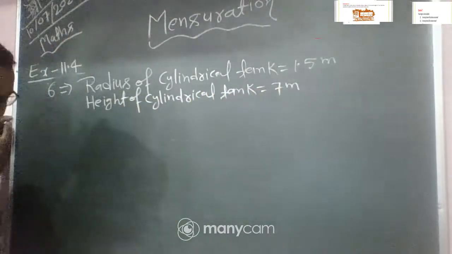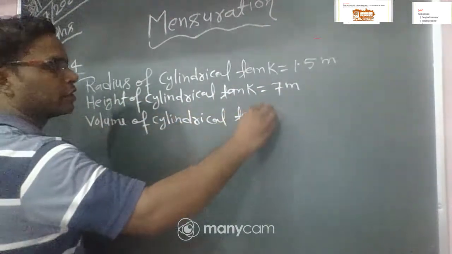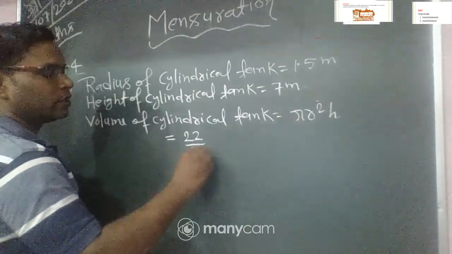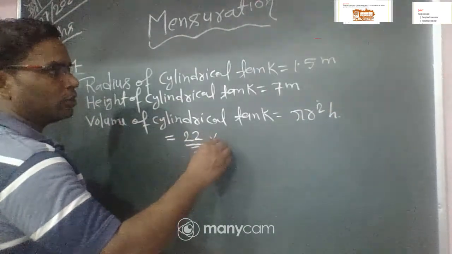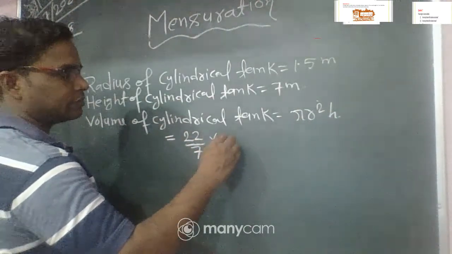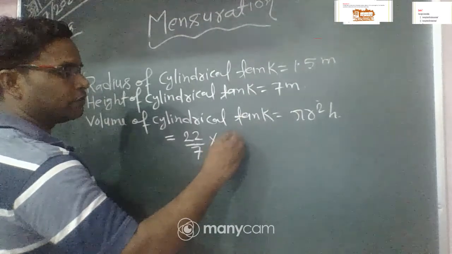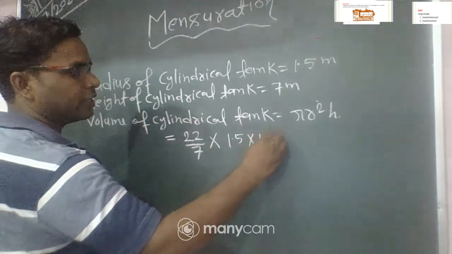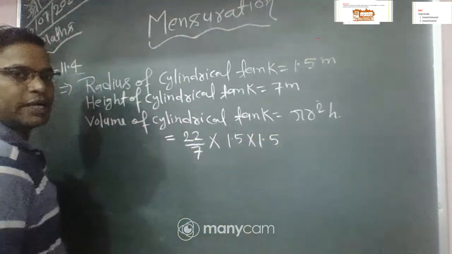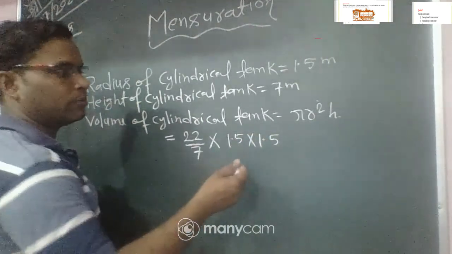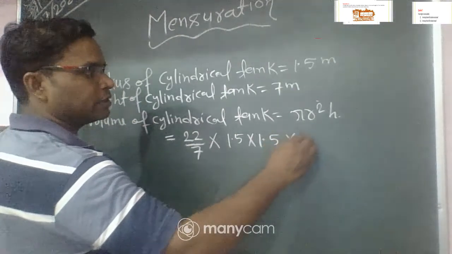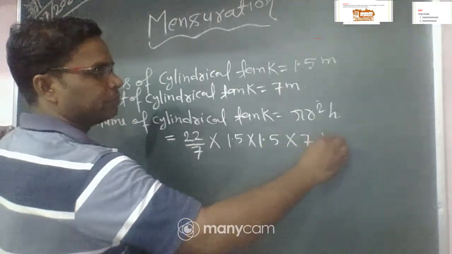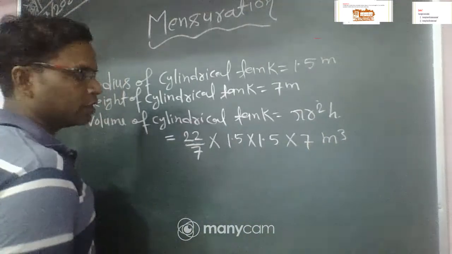So this is equal to the value of pi, you know, 22 by 7 into value of r, given radius 1.5, into 1.5. r square means r into r, which is 1.5 into 1.5. h is given, 7 meters. Okay, so you can cancel it.